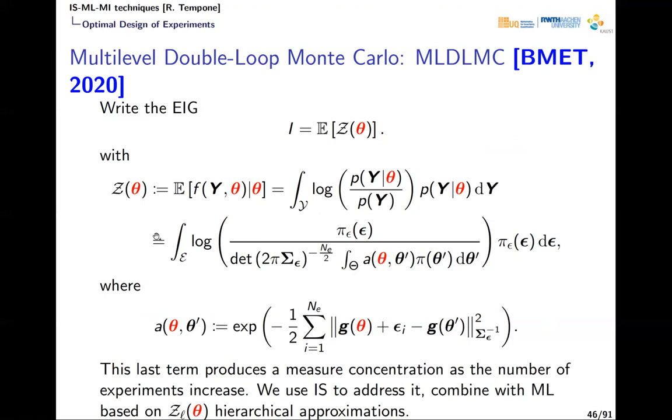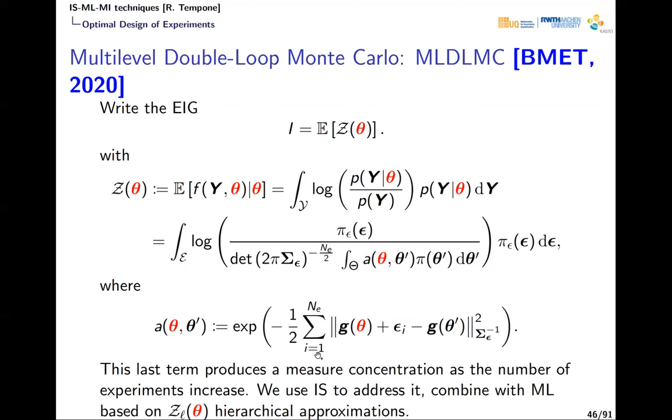So this could be rewritten in this way. You have an outer integral and another integral that is the one that concerns us the most, because for fixed theta, I have to integrate with respect to theta prime, and the function a of theta and theta prime produces this concentration that I was talking about.